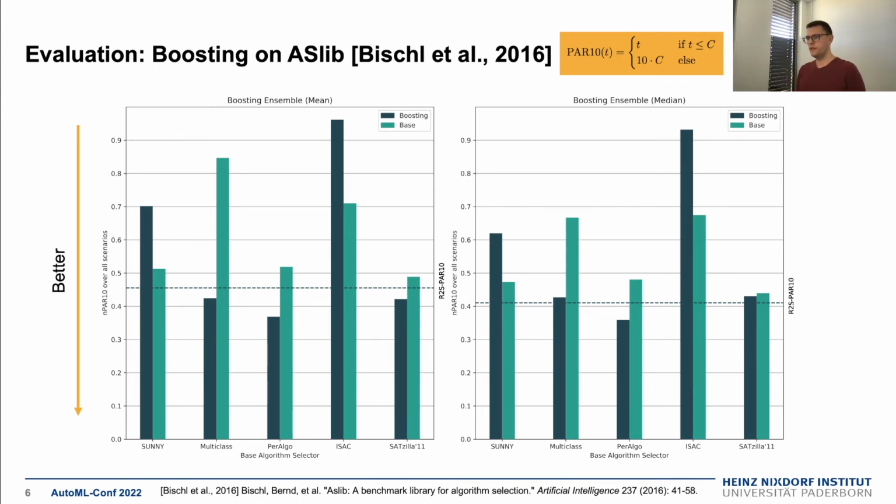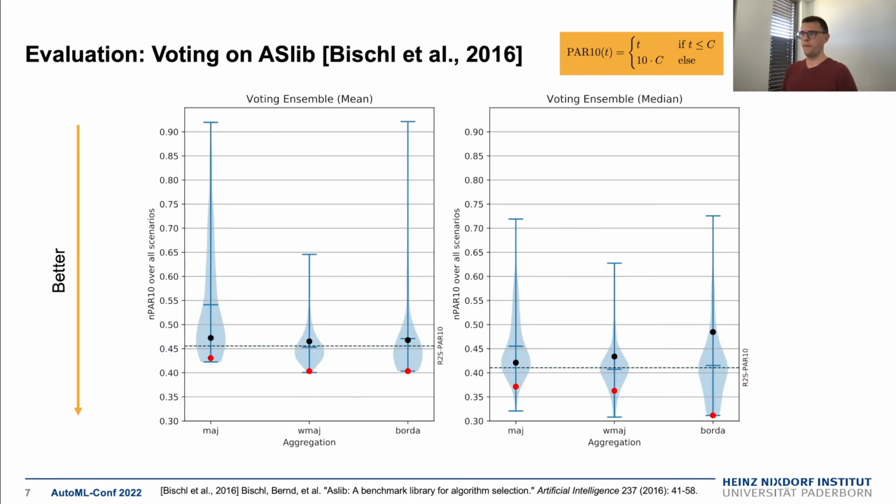And the second important insight here is that for almost all of the approaches, the boosting performance is actually much better than the strongest baseline we have, which is run to survive par10, here denoted as the dashed line. And this is quite an achievement already, because the run to survive par10 is already quite good and achieves extremely competitive algorithm selection results.